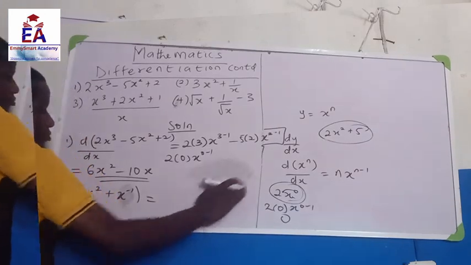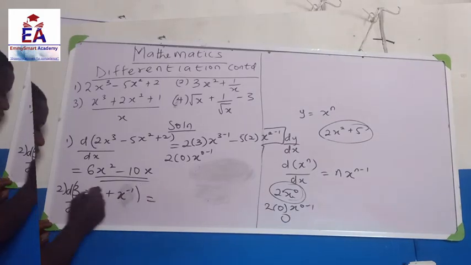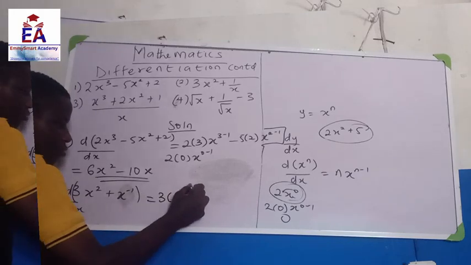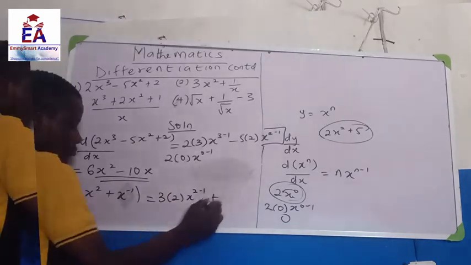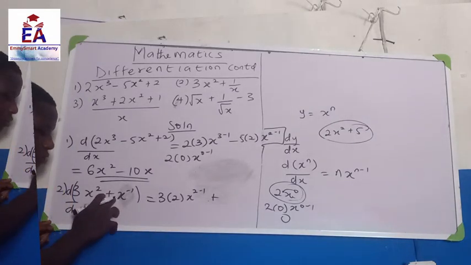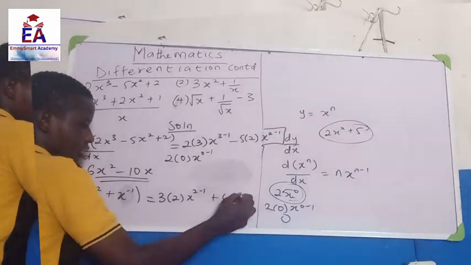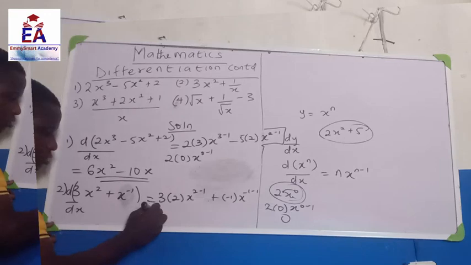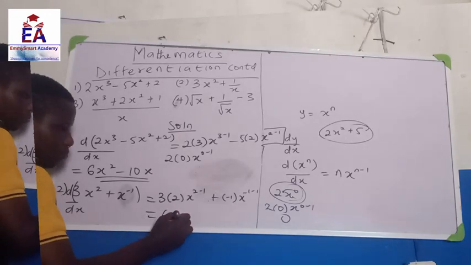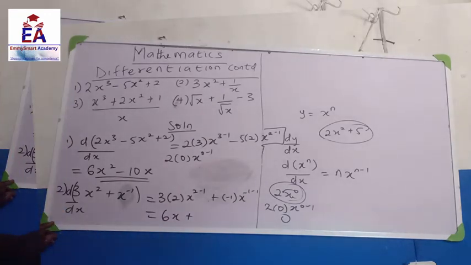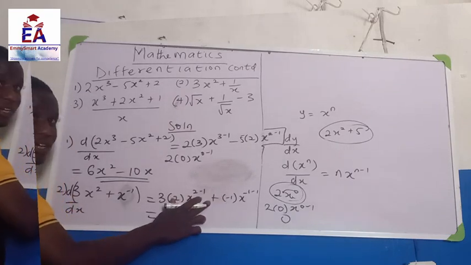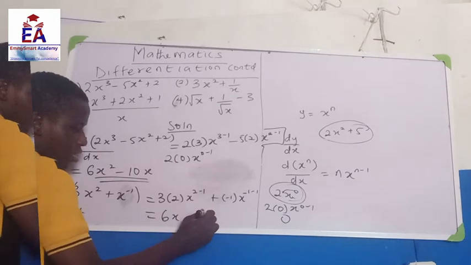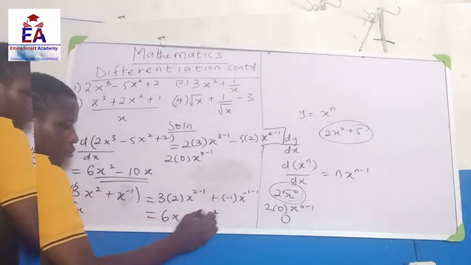I hope that makes sense. So I'm going to have the 3 and 2 coming down: 3 times 2, x to the power 2 minus 1. Then minus 1 times x to the power minus 1 minus 1. So this is going to have 6x, and the minus already there reacts with the minus, giving plus x to the power minus 2.